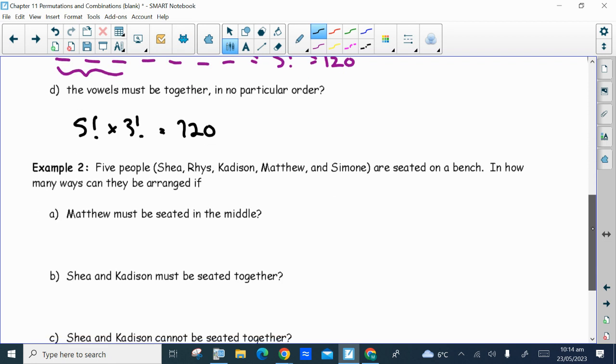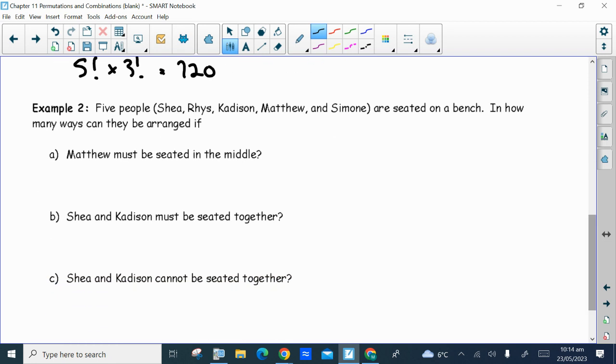Number 2 says 5 people, Shay, Reese, Caddison, Matthew, and Simone, are seated on a bench. How many ways can they be arranged if Matthew must be seated in the middle? If we mark down our 5 spaces, there's only one choice for the middle seat. Matthew must sit there.